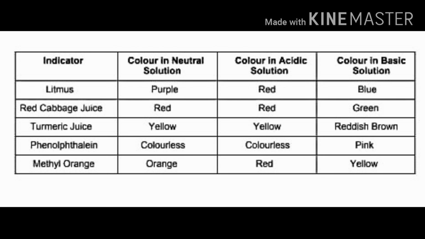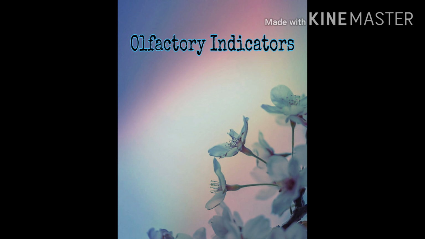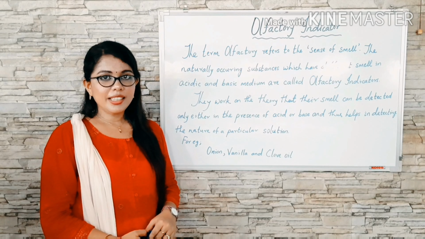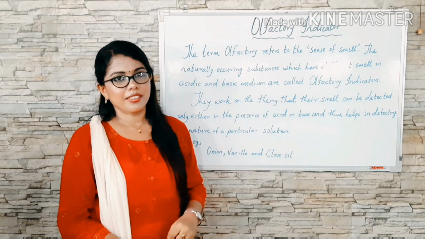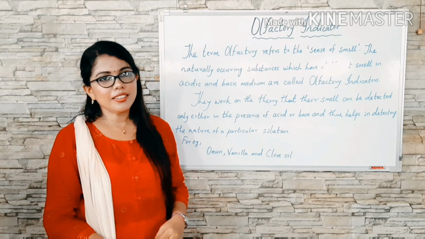A table depicting some common acid-base indicators with characteristic colors in different medium. Olfactory indicators. Now, the next type of indicator is the olfactory indicator. Now, what is olfactory indicator?